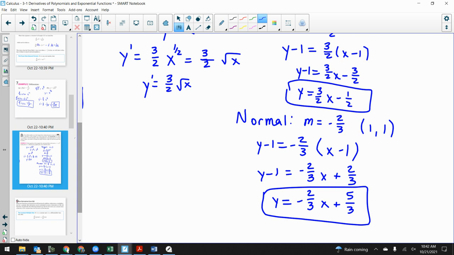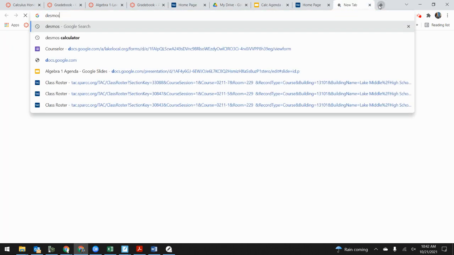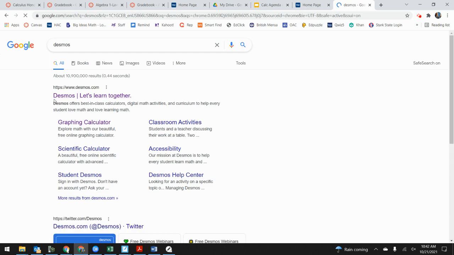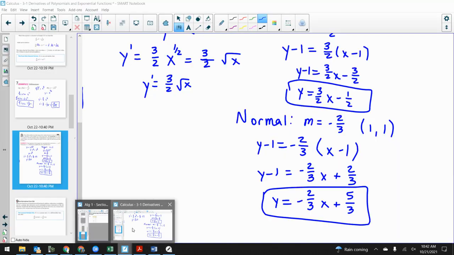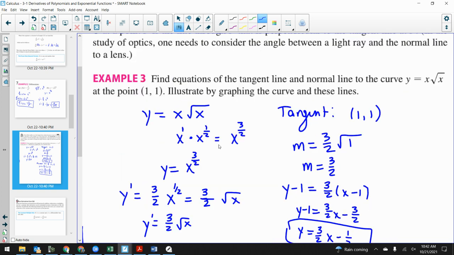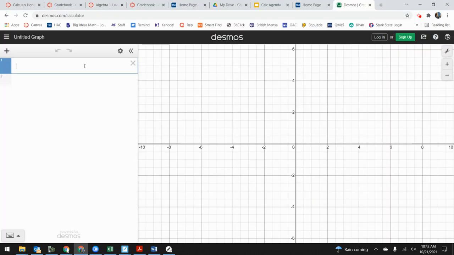And I don't like the way that the calculator shows it, so I'm going to open up Desmos real quick and use that. Oh, should have just clicked on graphing calculator. Okay, so we want two things. We want the original, which was x radical x, x square root x.